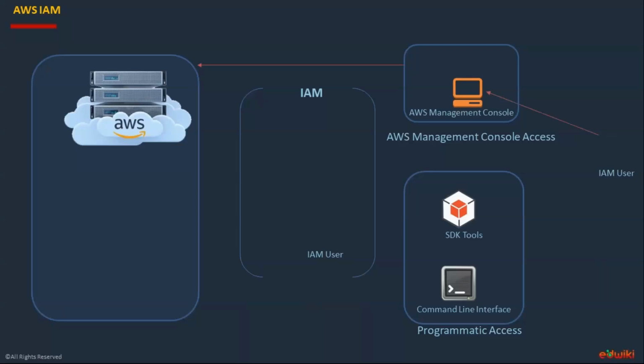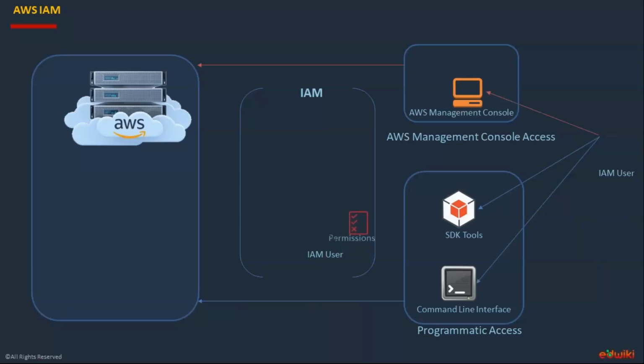But we need to be familiar with the AWS commands, like how you manage your Linux operating system using Linux commands. In the same way, AWS has its own set of commands, and we can use those commands to access AWS and configure everything from the CLI mode.